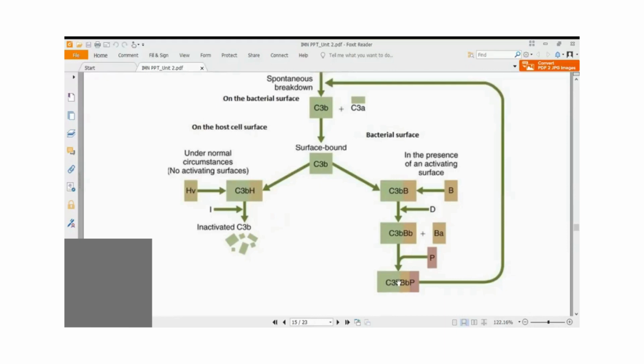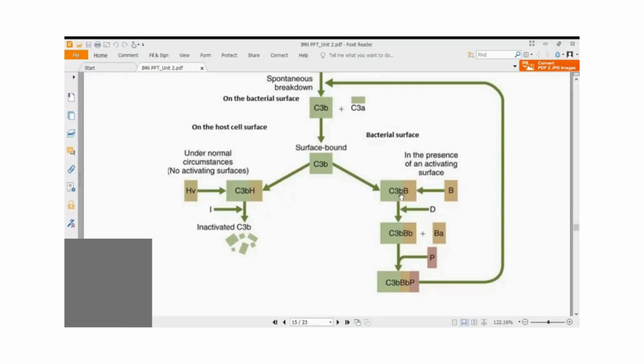Okay. So, another very important point about C3b is that if C3b complex is formed, that C3b, before joining B, can in fact bind to the C3b receptor of the macrophage, that is an immune cell, which is an innate immune cell.